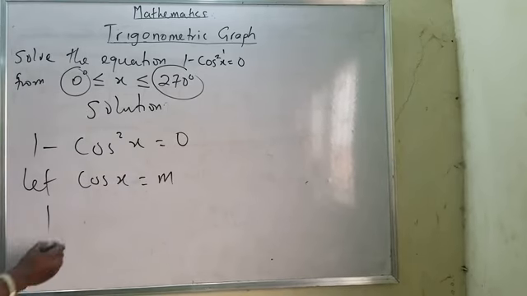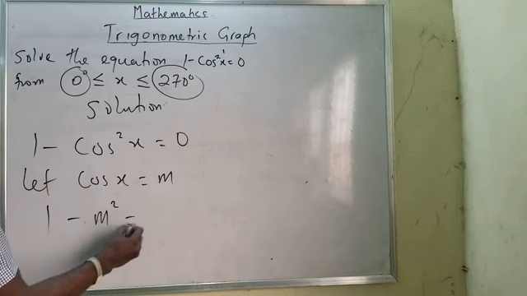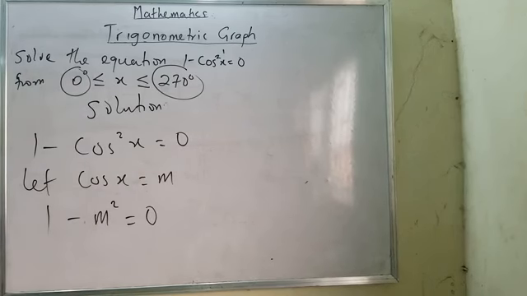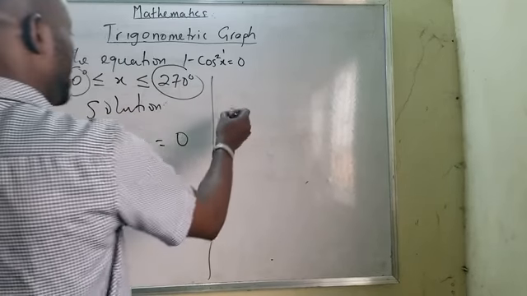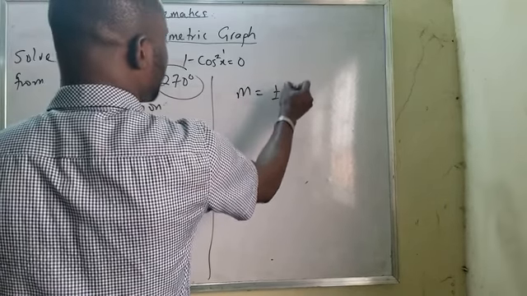It means 1 minus m squared equals 0. Can you see that successfully you have a normal quadratic now? So m squared equals 1, m equals root of 1, which is plus or minus 1.